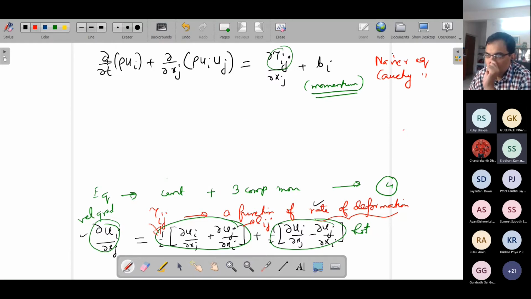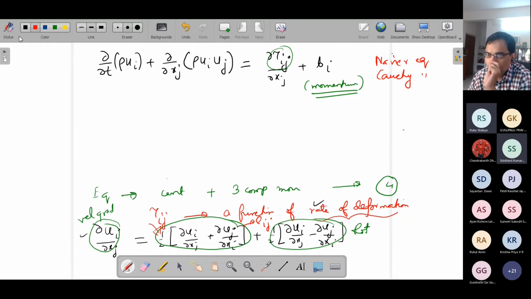They could be related non-linearly also, as a non-linear function. But because most of the common classical fluids have linear behavior, we will consider a linear constitutive behavior.